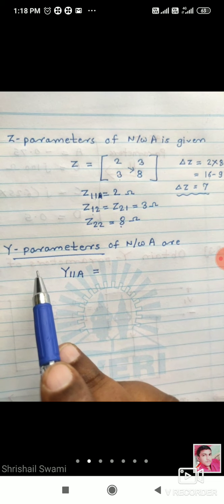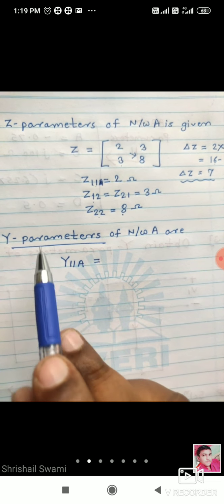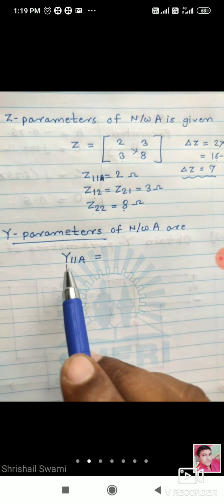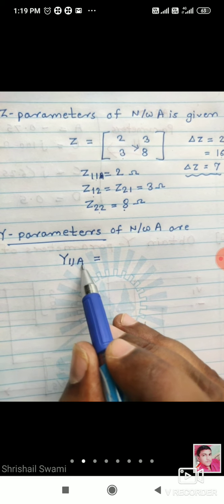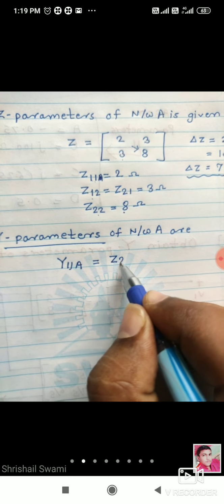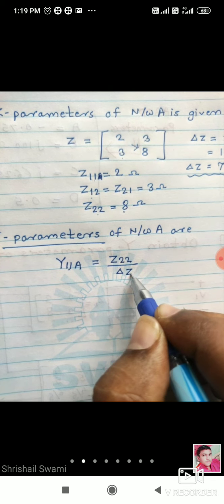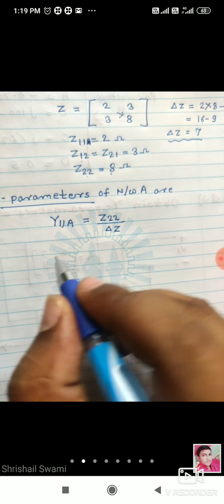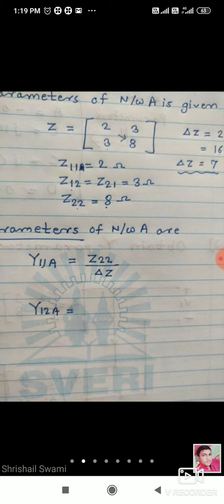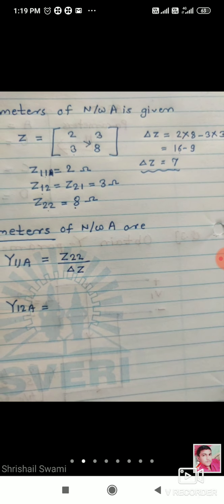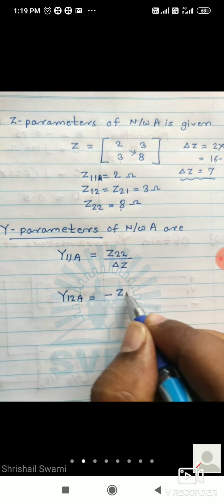So you know the relation between Z parameter and Y parameter. As you are finding Y parameters, you should know the formulas for Y parameters in terms of Z. So Y11 of A is equal to Z22 divided by delta Z. Y12 of A is equal to minus Z12 upon delta Z; delta Z is common everywhere.